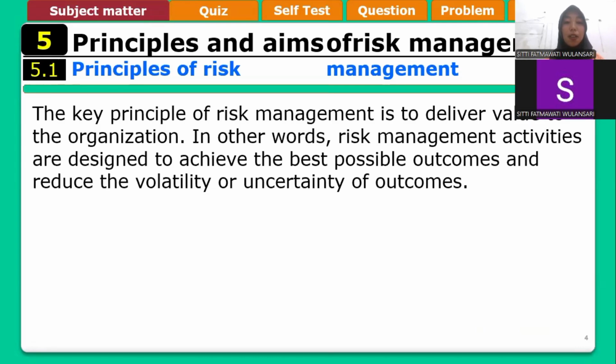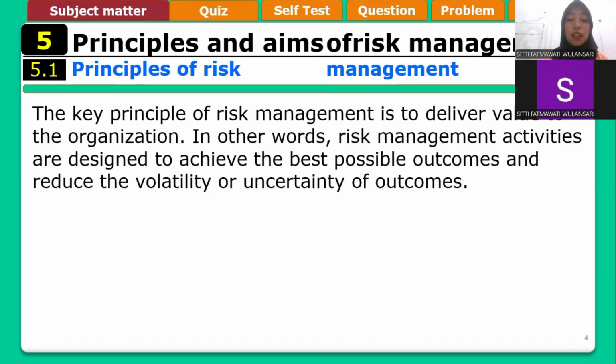So, from Chapter 5, we have 5.1, Principles of Risk Management. The key principle of risk management is to deliver value to the organization. In other words, risk management activities are designed to achieve the best possible outcomes and reduce the volatility or uncertainty of outcomes.